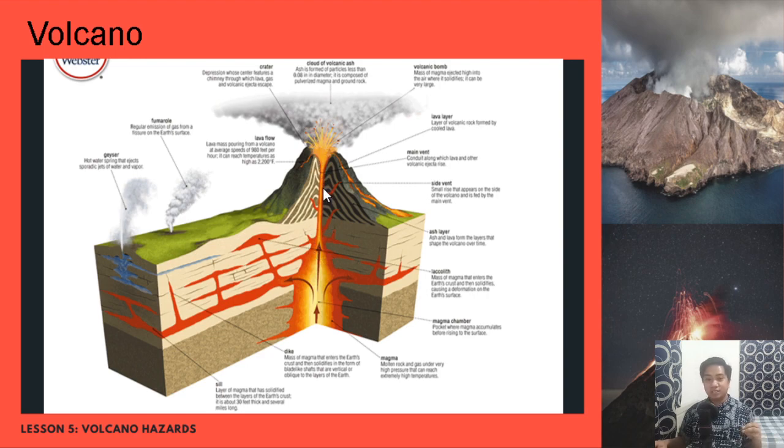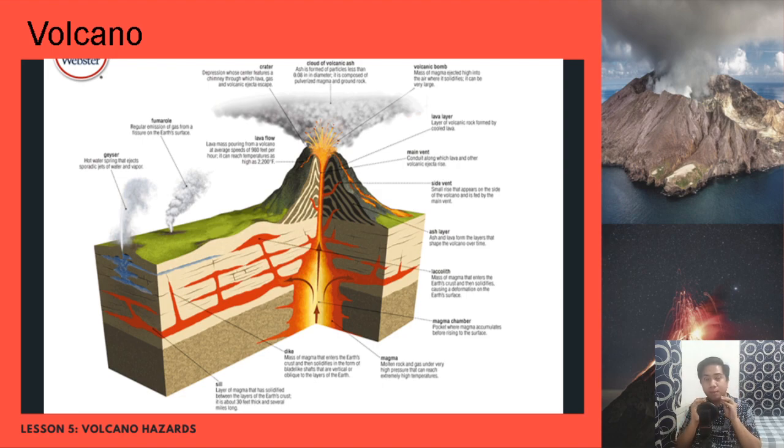Next, we also have your side vents. As you can see in your main vent, there are extensions from the main vent. That is what we call your side vent, especially if the pressure from the magma tends to increase.